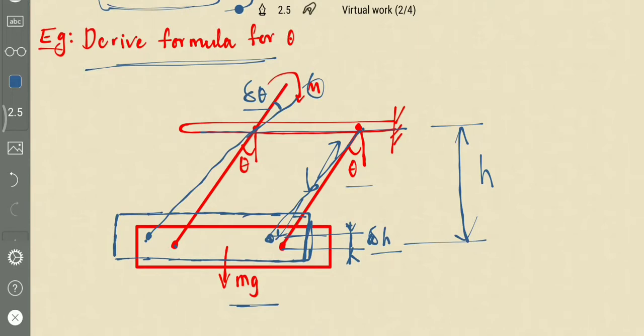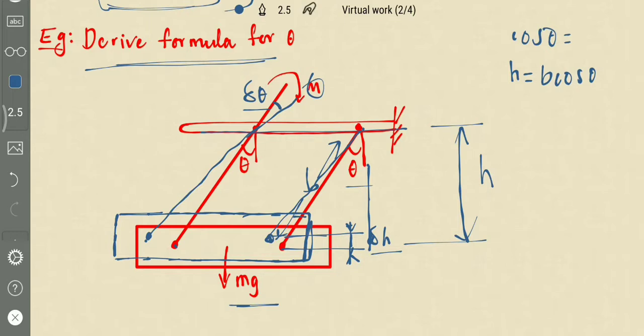Here we can see that this forms a triangle. If we consider this, h is given by b cos theta, because cos theta is the adjacent side by hypotenuse.